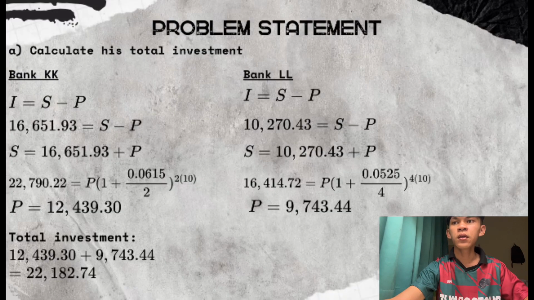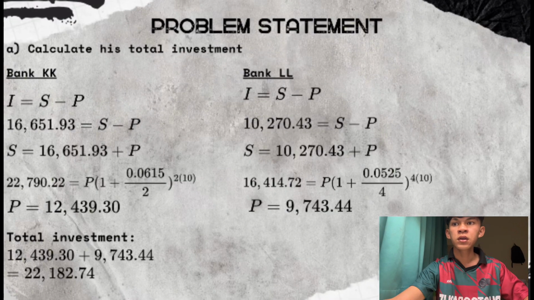Then 22,796.22 equals P bracket 1 plus 0.0615 over 2 bracket, power of 2 times 10. So we get the answer of P, 12,439.03.